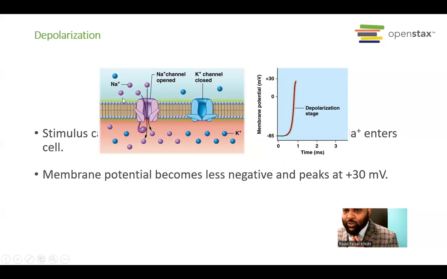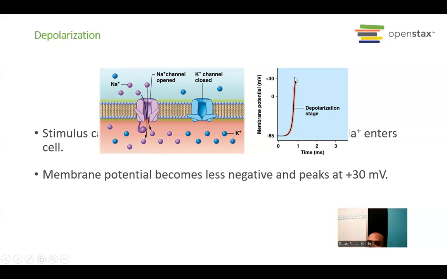Then a stimulus comes and opens the sodium. So now a lot of sodium influxes, gets in. When a lot of sodium influxes, what happens to the depolarization? It goes up to how much? You've got to know these numbers. The resting membrane potential is minus 85.